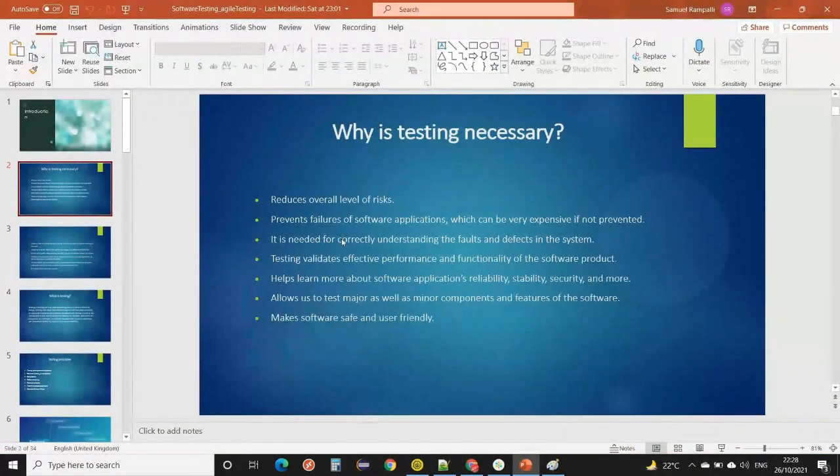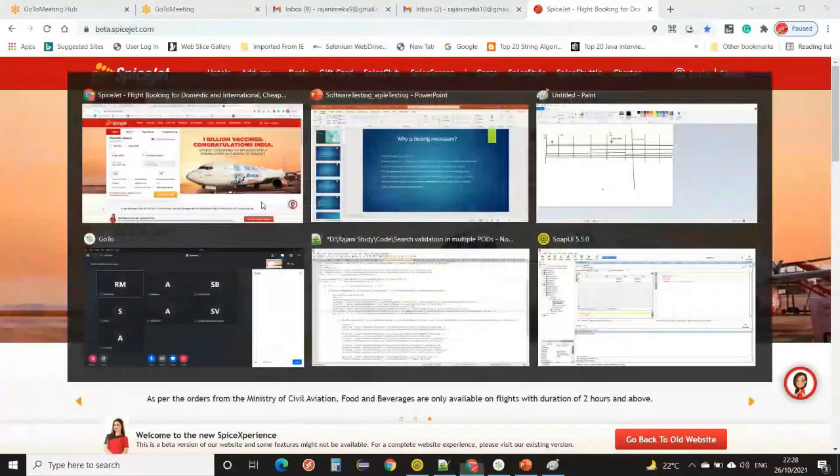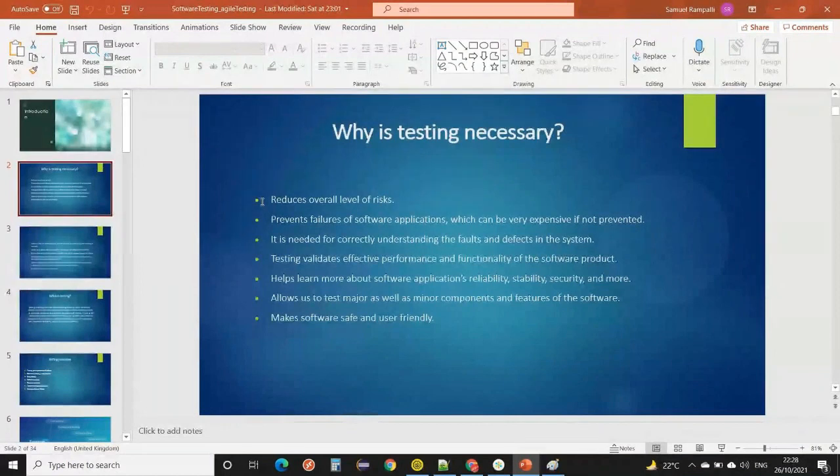Testing is needed to understand what is not working and what the fault in the application is. That is the aim of testing.